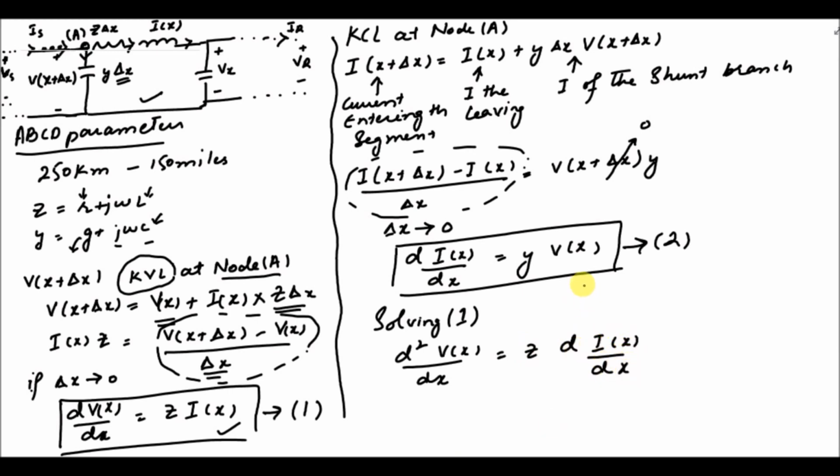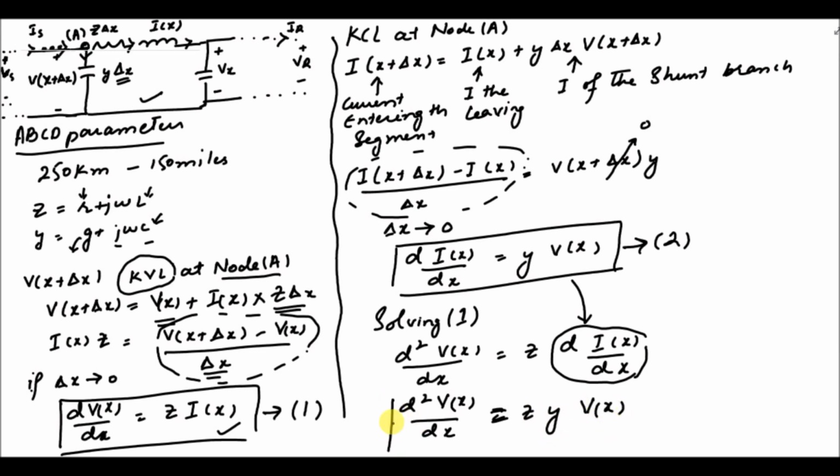So we have calculated the derivative of the current equation, and we will replace this dIx over dx with equation number 2. After replacing, we will get the formula, which is d square Vx over dx square equal to zy Vx.